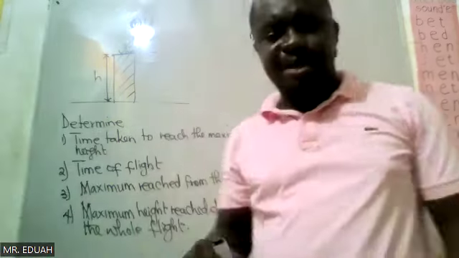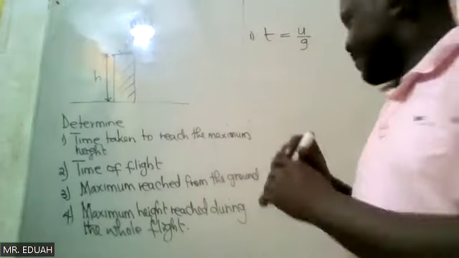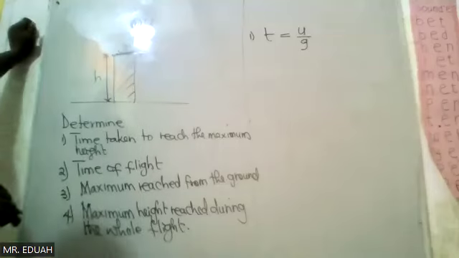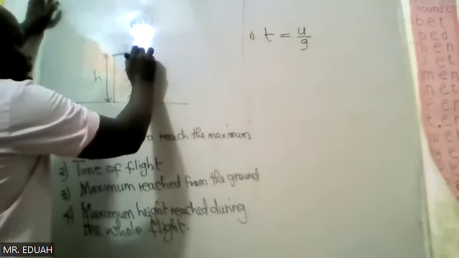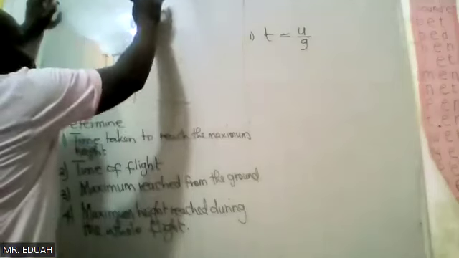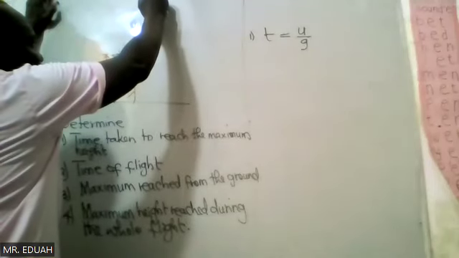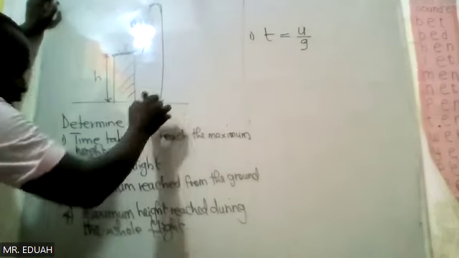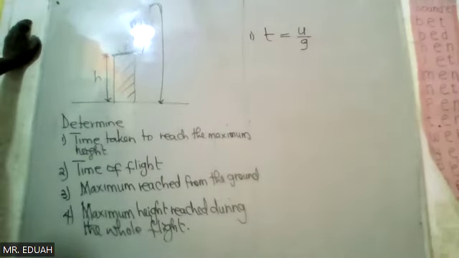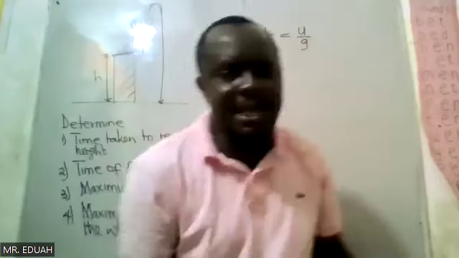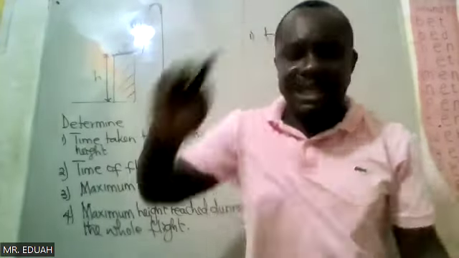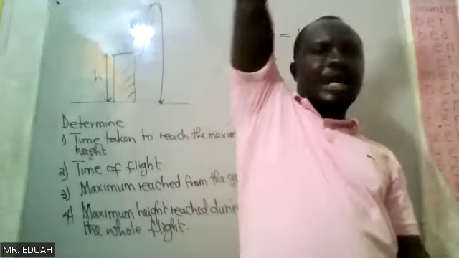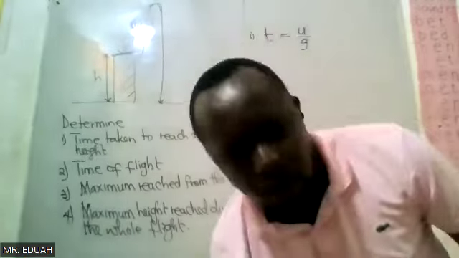What we actually mean by the time of flight is that the object is being thrown from the top of the tower. The time taken to reach the maximum height plus the time taken to move from the maximum height to the ground is the time of flight. During the whole flight, when the object is thrown up, you will not be chasing it to catch. So when you throw it up, it will surely get to a maximum height and drop to the ground.